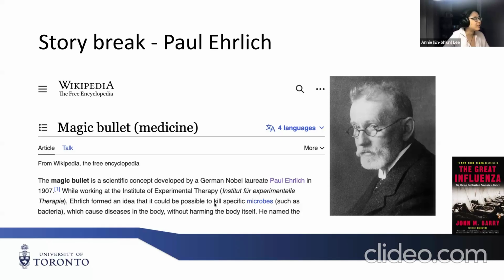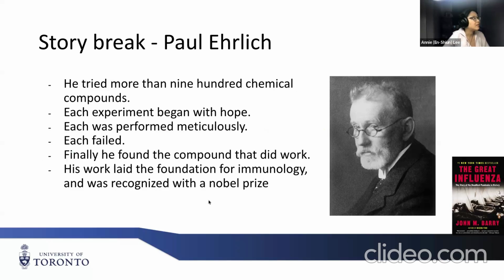He got the idea that you can kill microbes like bacteria, which cause diseases. He did this very systematically. He tried about 900 compounds, every experiment, and they failed. And finally, he did find one that worked. It's a foundation for immunology and won the Nobel Prize.